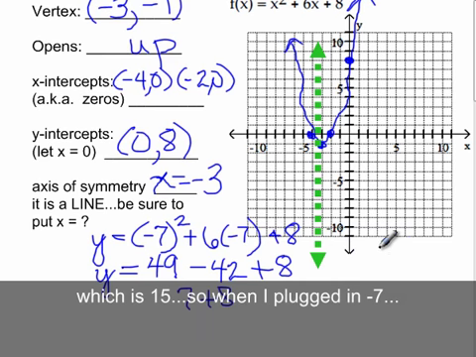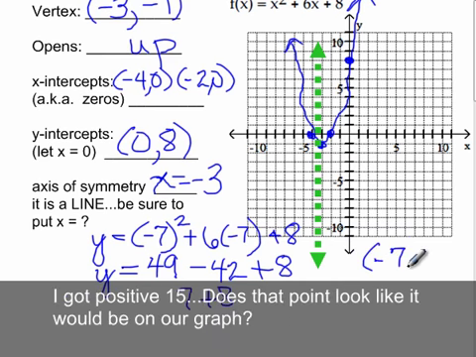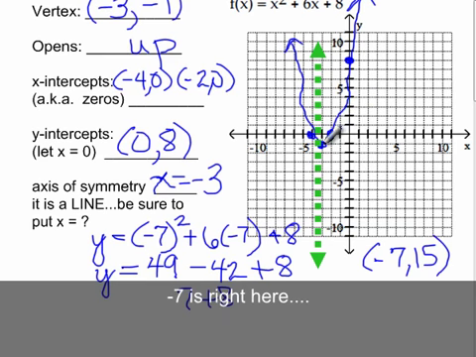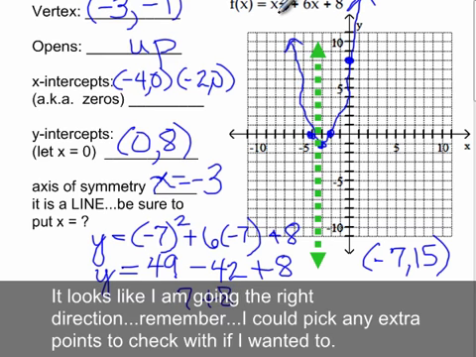So when I plugged in -7, I got positive 15. Does that point look like it would be on our graph? Well, -7 is right here, and 15, yeah, it looks like I am going the right direction. But remember, I could pick any extra points to check with if I wanted to.